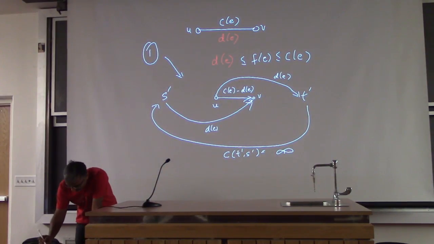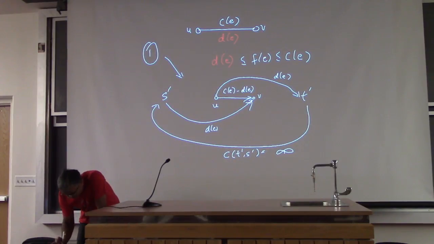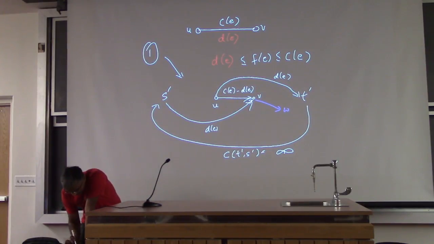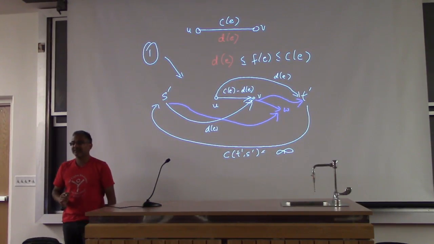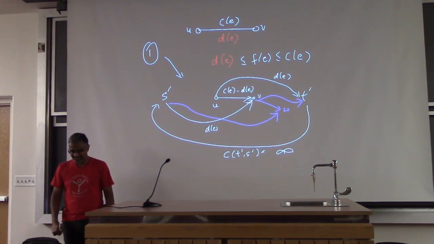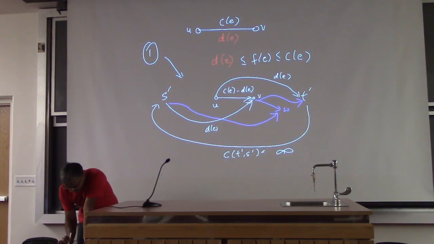For example, I see this gets messy, right? But let me draw it with a different color. So now this is another edge in my graph. I drew it one edge at a time. I didn't want to draw the whole thing, but you do this for every single edge. So if I had multiple edges coming in, let me draw a third one since we're in color mode today.